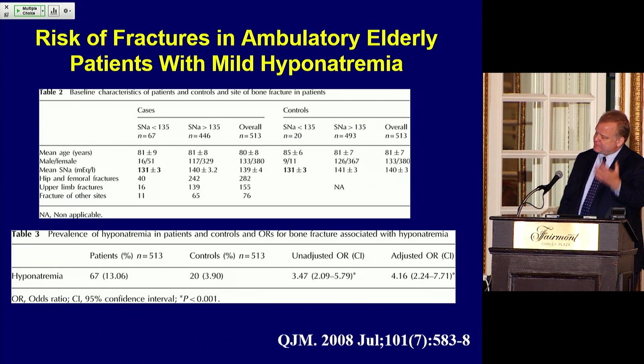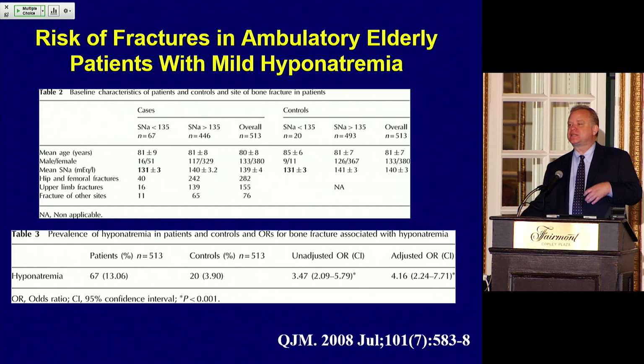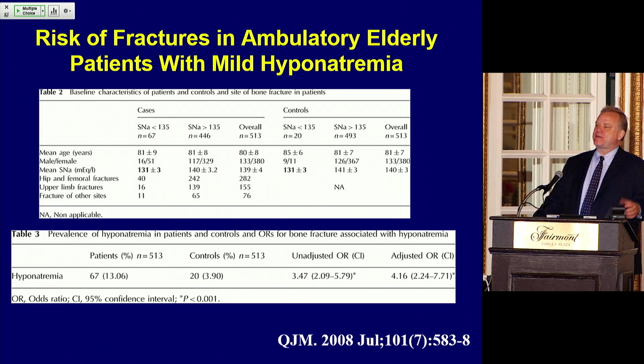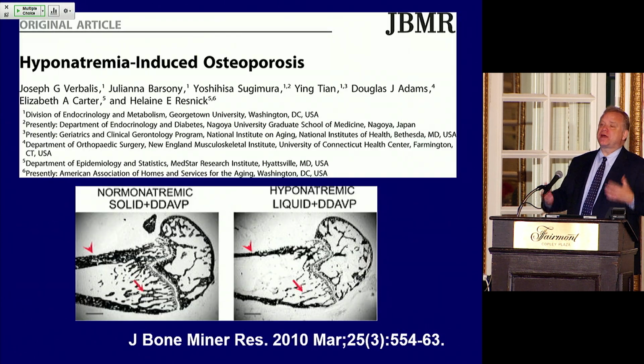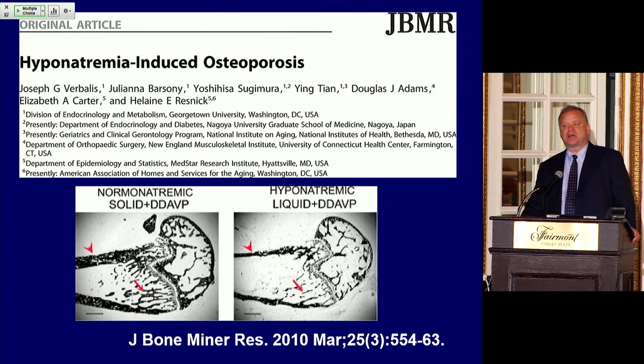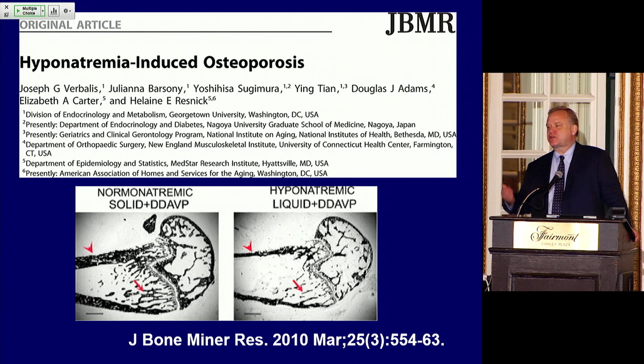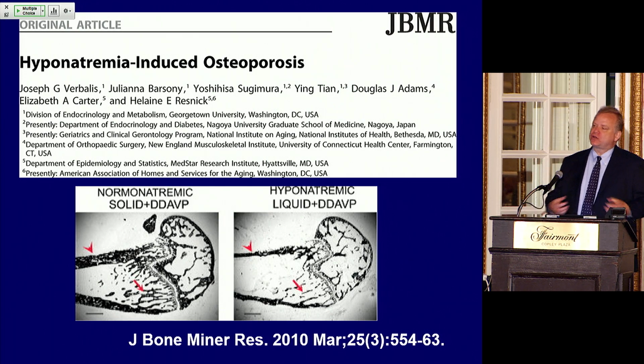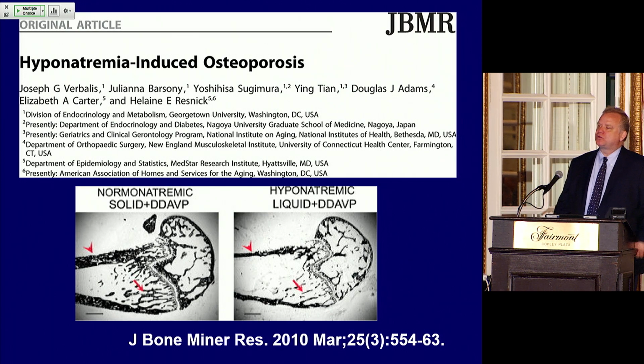And again, this theme, if we look at chronic hyponatremia, the risk of fractures is also increased if we look at large databases. Well, the initial thought was maybe that's because of this gait abnormality that you see with chronic hyponatremia. But we also now know that hyponatremia causes osteoporosis. And it's thought that the bone is a big reservoir of sodium, and as you actually release sodium from the bone, you'll modulate bone biology.